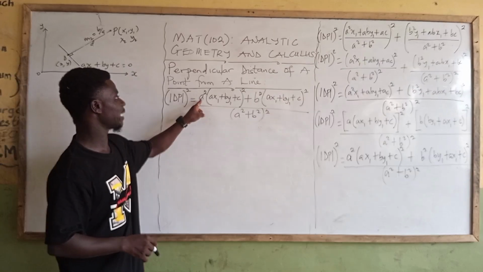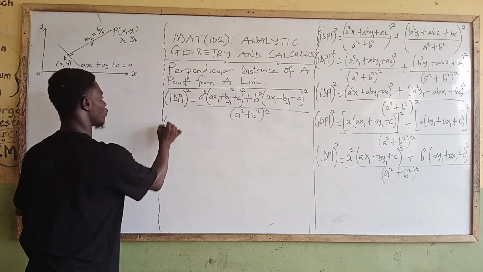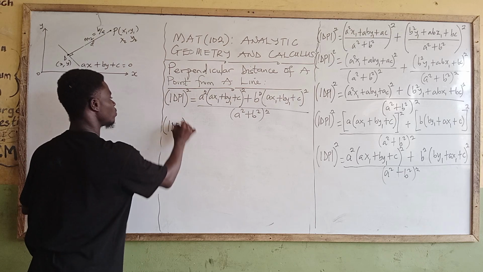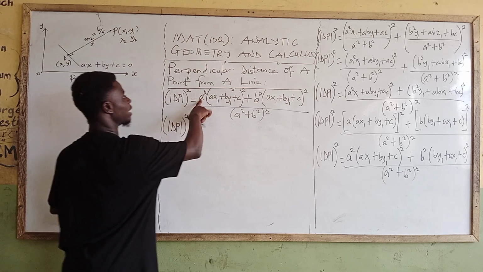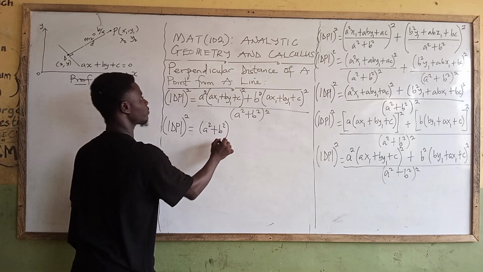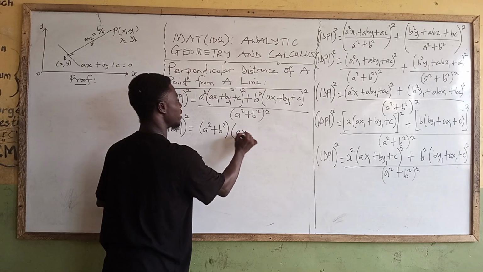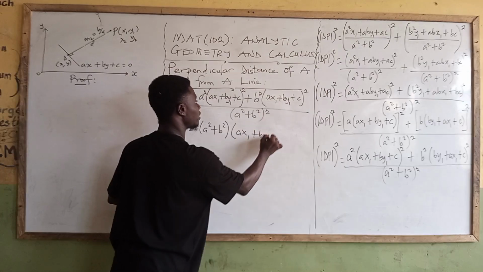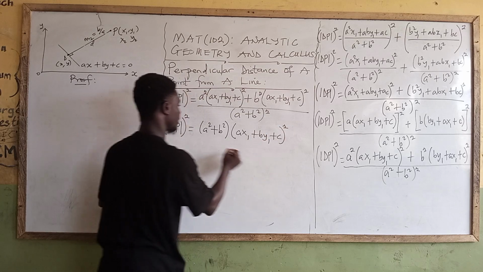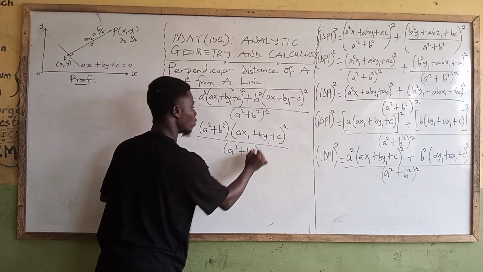So I take one and I get a squared plus b squared. It's more or less like factorization, right? So we are factorizing. So I get a squared plus b squared, a squared plus b squared. Then I have this and that they are the same. So I take one, a x1 plus b y1 plus c all squared divided by a squared plus b squared all squared.